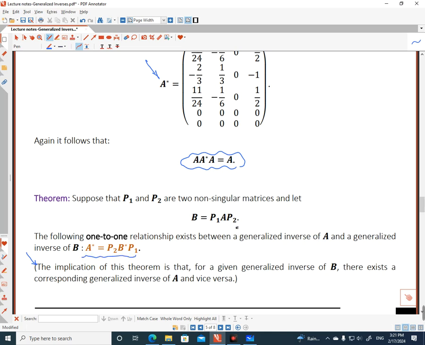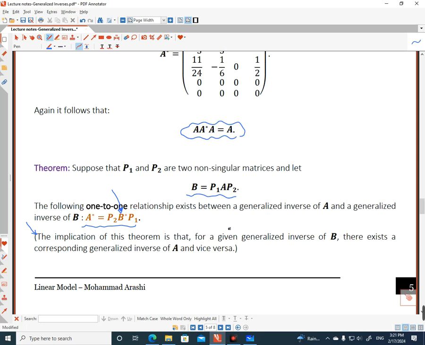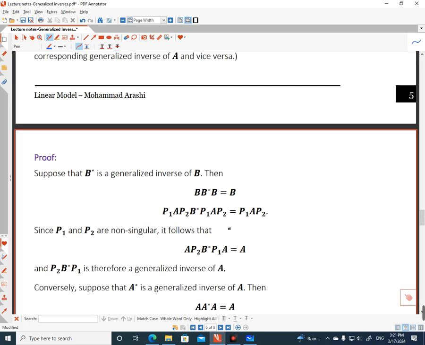So if B is defined by this formula, then you can find the generalized inverse of A based on the generalized inverse of B. So the generalized inverse of B will give the generalized inverse of A, and according to this formula, the generalized inverse of A can give the generalized inverse of B. So there is a one-to-one relationship. And here we're going to explain the proof.